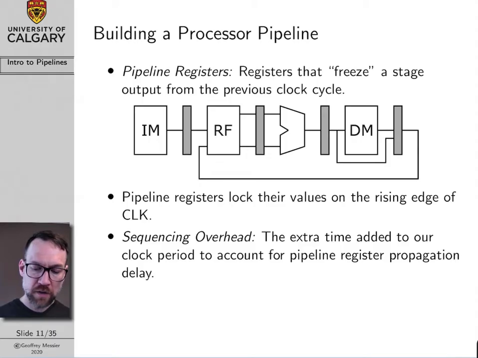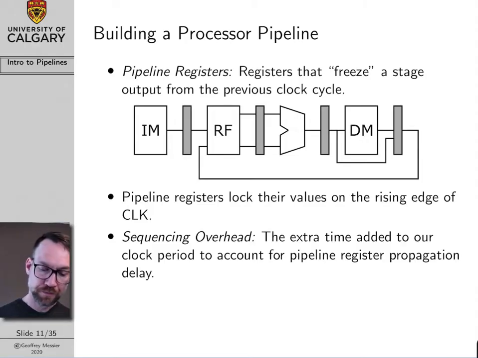And so essentially what we've added are these structures that I've shown in gray here, what are known as pipeline registers. And pipeline registers basically freeze the output of one stage so that it remains stable for the next stage.